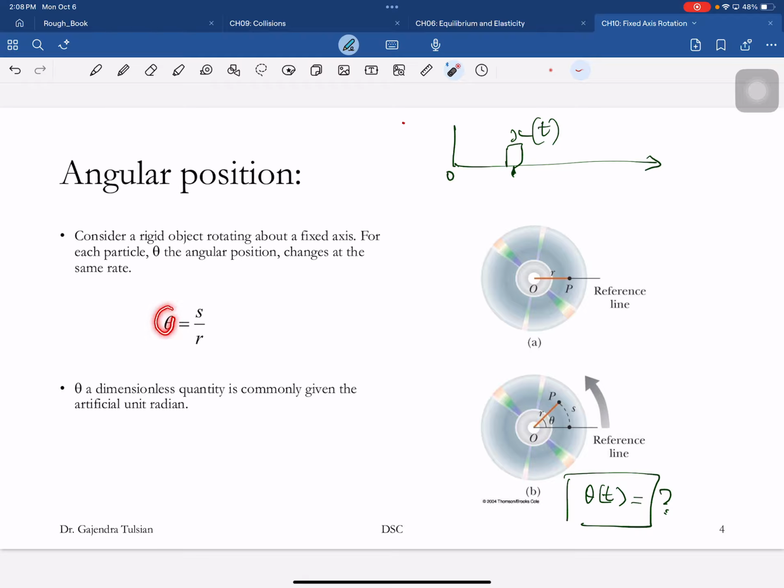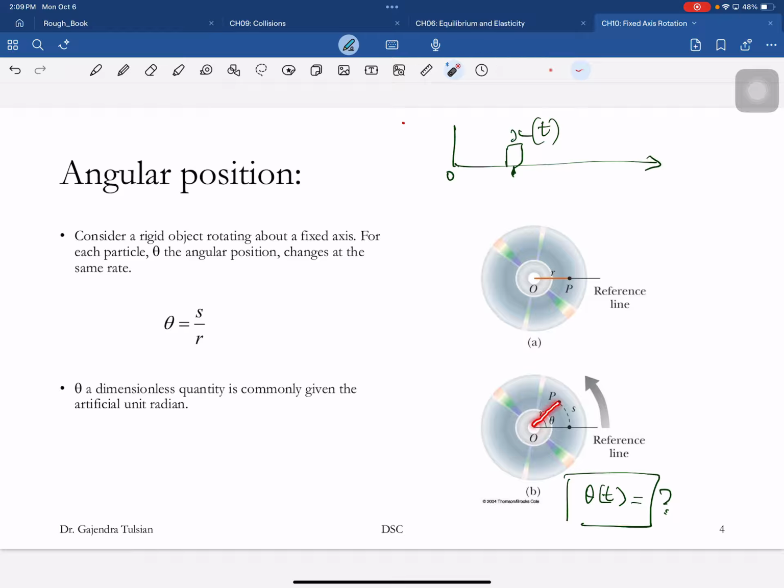Theta is related to the distance s that this object moved, and r is the distance from the axis of rotation. The axis of rotation is coming out of the plane of the paper. So theta is s divided by r. What are the units for s? Meters.